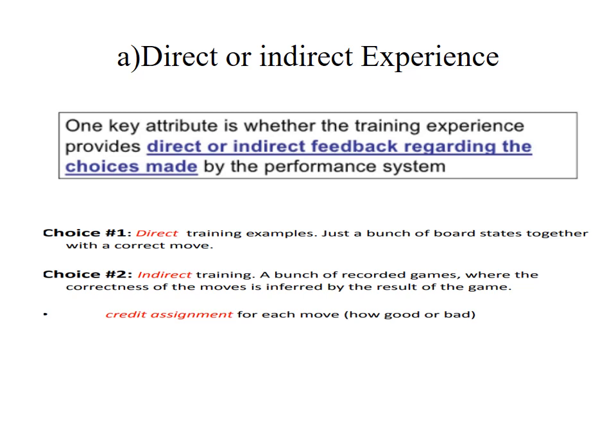We can say there are 3 attributes which impact the success or failure of learners. The first attribute is whether the training experience provides direct or indirect feedback regarding the choices made by the performance system. Taking the example of driving a car, what is the direct feedback?